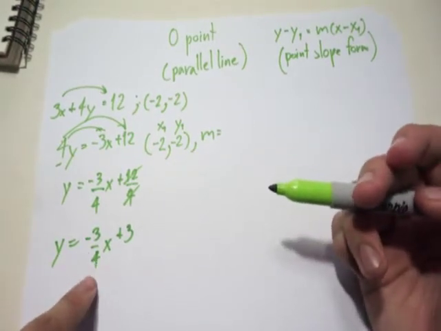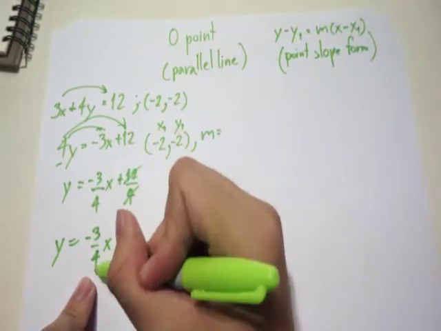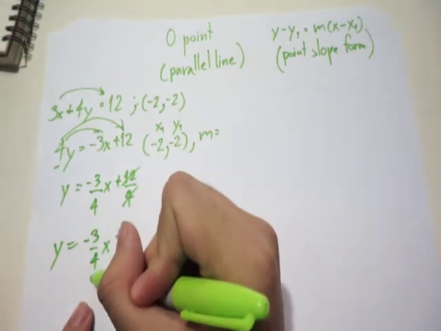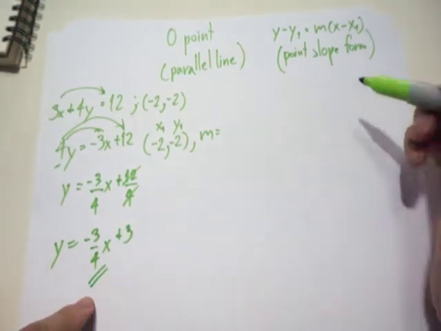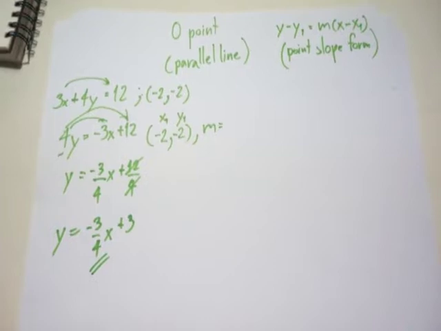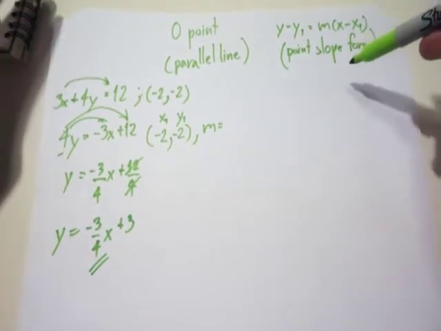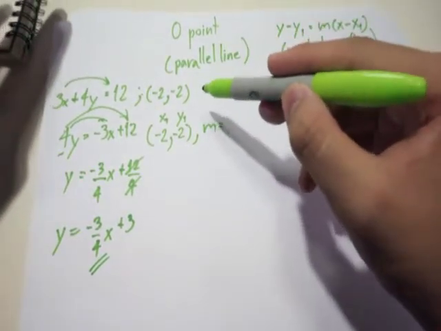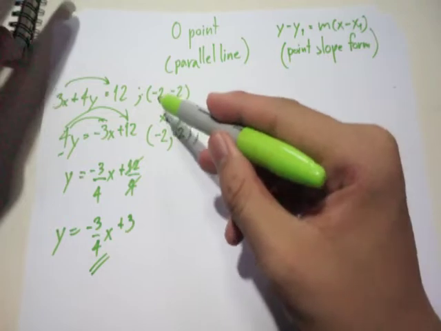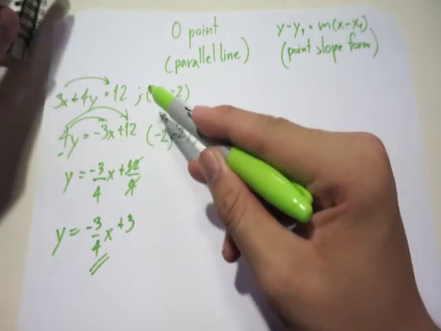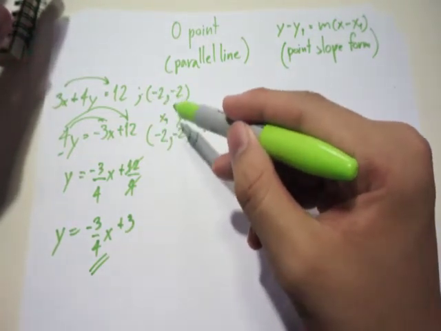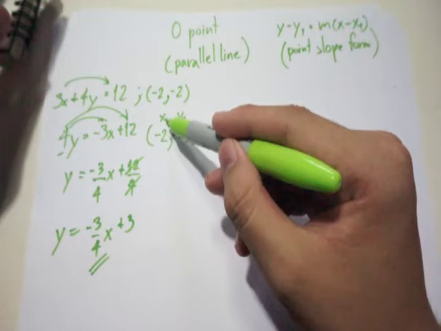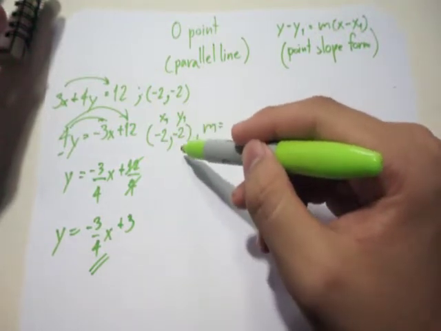This is the key point to the parallel line. For another line to be parallel, it must have the same slope, so it will never meet each other. So we're going to use the point-slope form to solve this question. We have the condition of having the coordinate at negative 2 and negative 2, which is the x value and the y value.